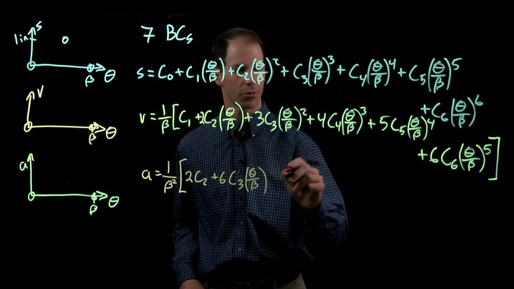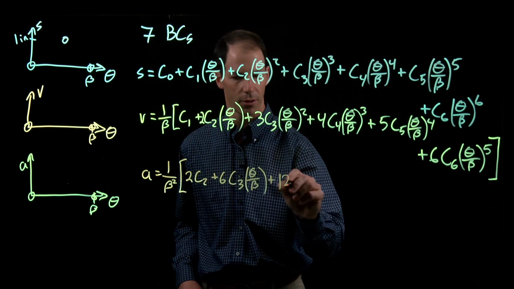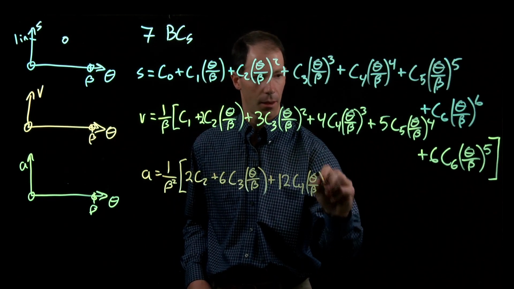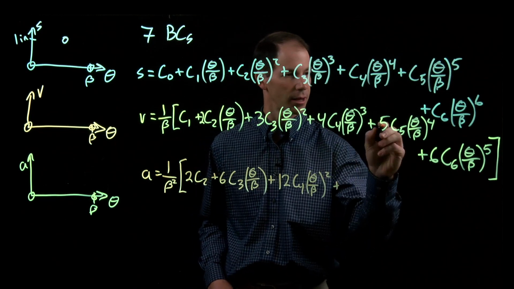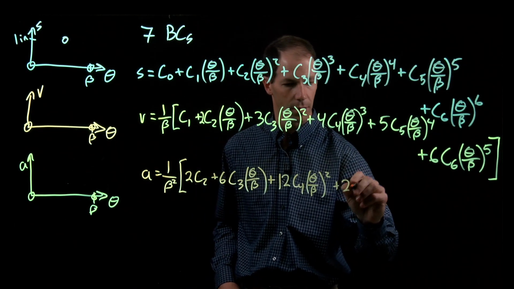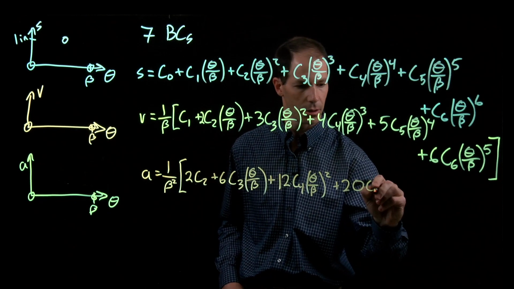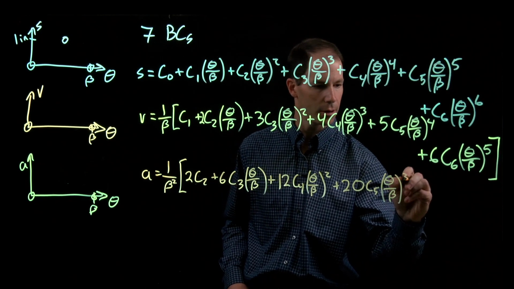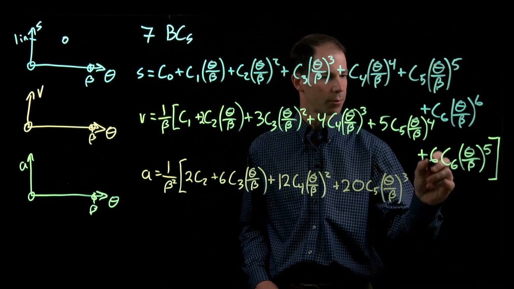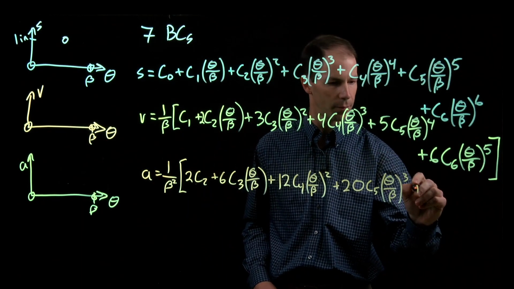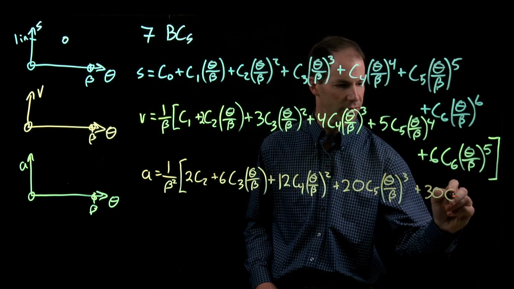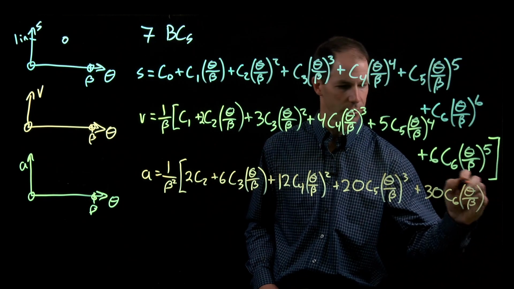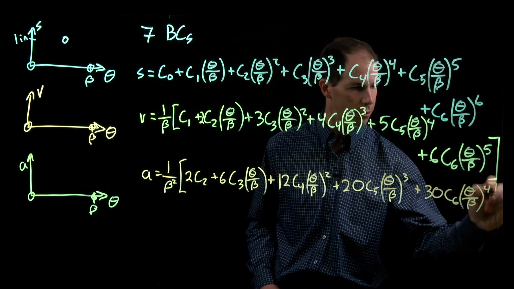I get 4 times 3, so plus 12 times C4 times theta over beta up to the 2nd power. And then I get 5 times 4, or 20, times C5 times theta over beta up to the 3rd power. And then finally from this C6 term, I get 6 times 5, or 30, times C6 times theta over beta, and that'll be up to the 4th power, and close the bracket.